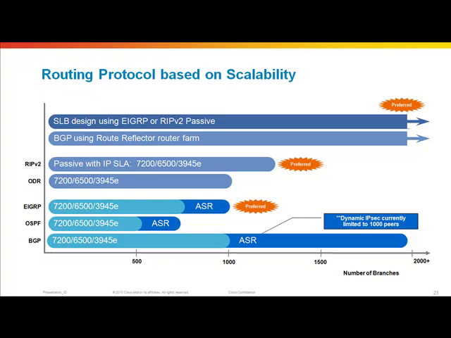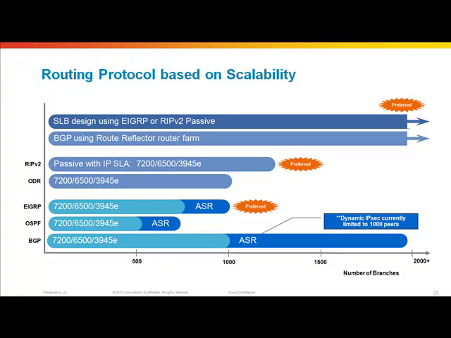Then on the spokes, we use IPSLA, in other words, a mechanism to probe the hub and static routes. So if our primary hub goes down, then we can switch over to a secondary hub.